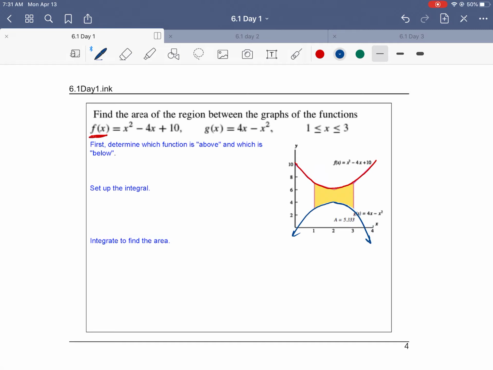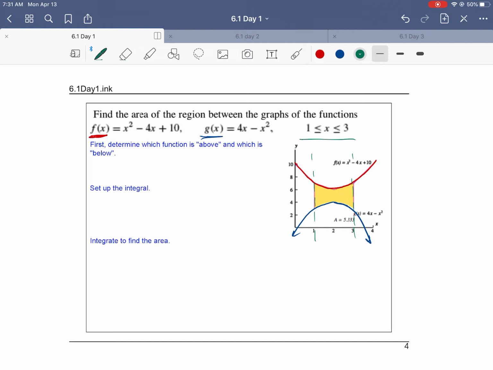I don't know why the copy of this never shows it. It's right there. Okay. And specifically, we are finding the area between 1 and 3. So those are the limits of integration.